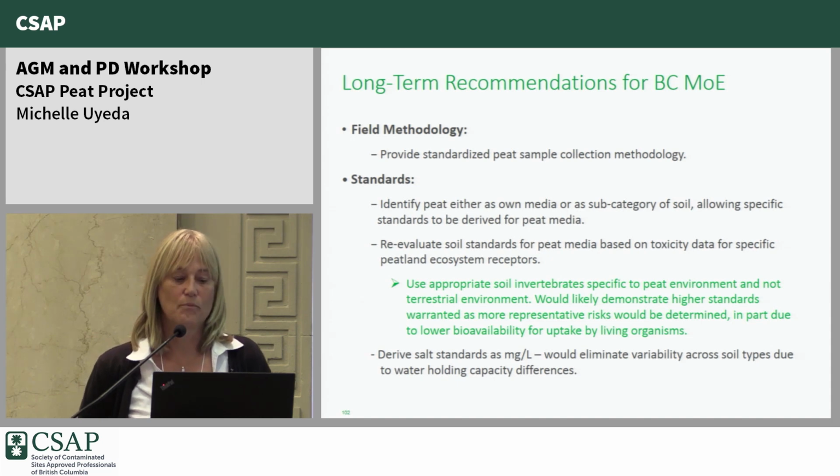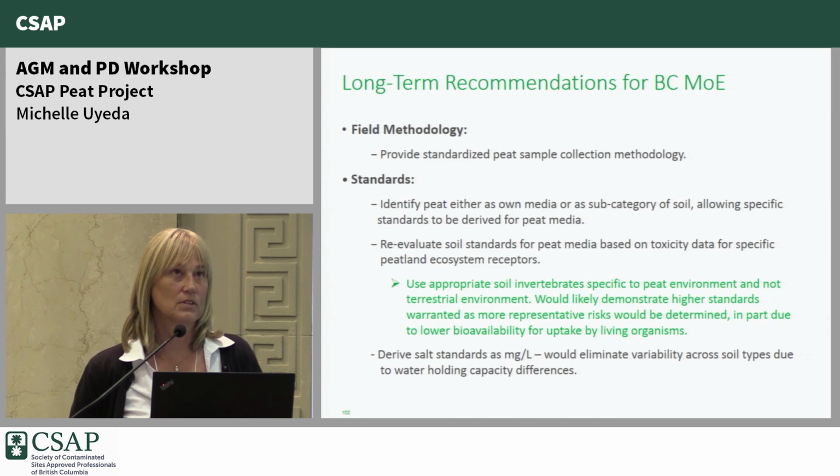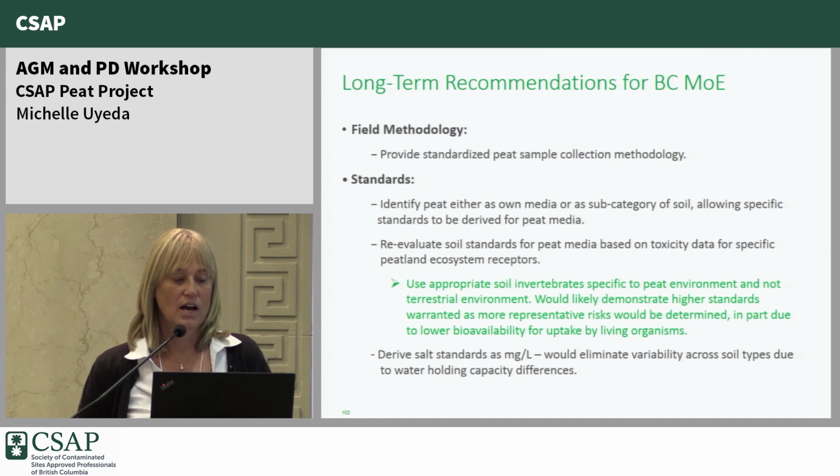For the standards, if we could move towards identifying peat either as its own media or a subcategory of soil, then specific standards can be derived for peat based on its own special characteristics and toxicological characterization. That would involve reevaluating the soil standards based on the tox data and using appropriate soil invertebrates specific to the peat environment. I believe that would give us some higher standards with more representative risks.